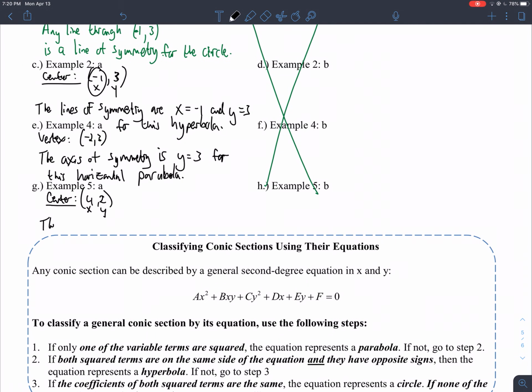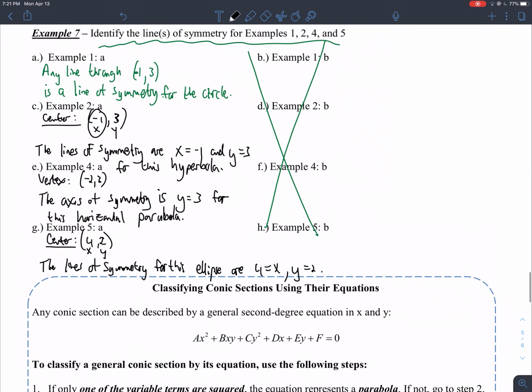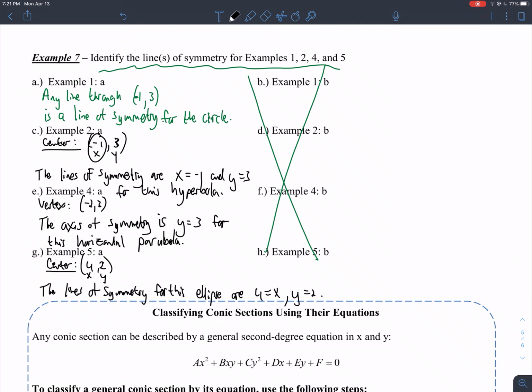So the lines of symmetry for this ellipse are x equals 4 and y equals 2, something like that. All right. So that's that. It's harder here because we don't actually have a picture of it. We're referring back to an example at the top, but that's what we did.